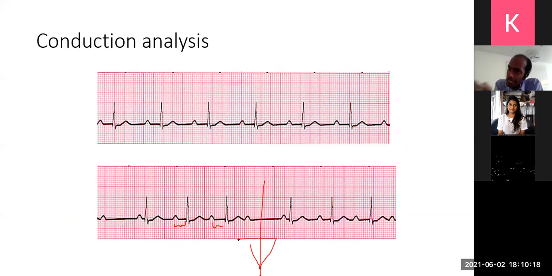The PR interval progressively prolongs before the blocked beat. That is also called the Wenckebach phenomenon. So that is progressive prolongation of the PR interval.